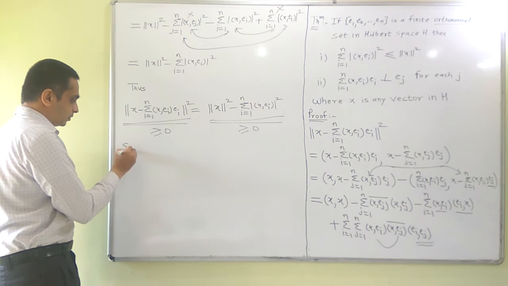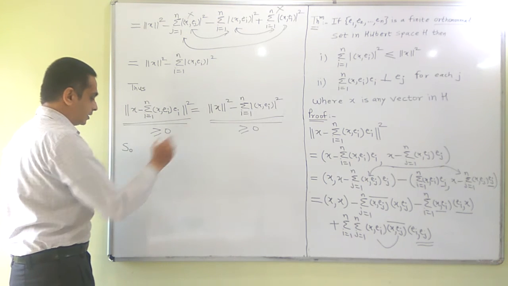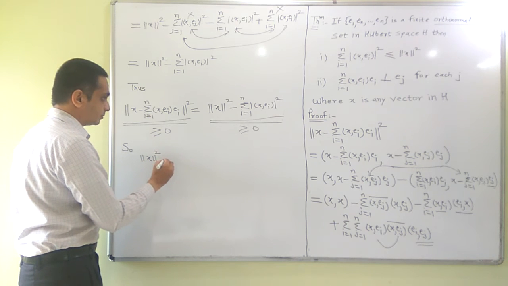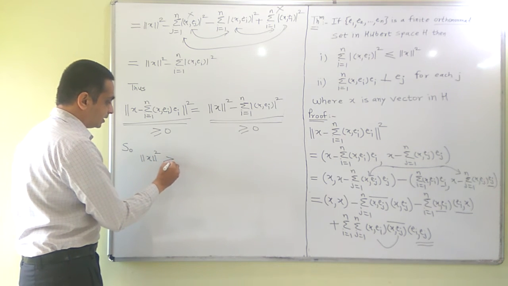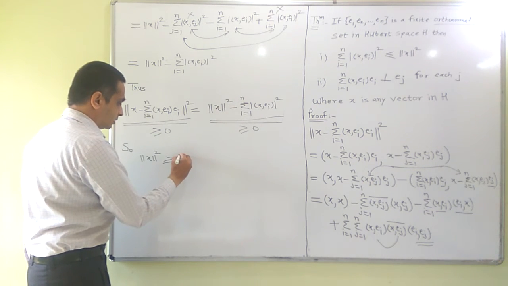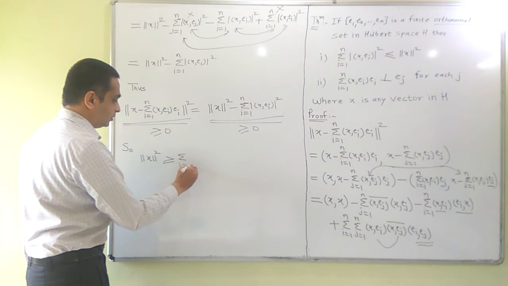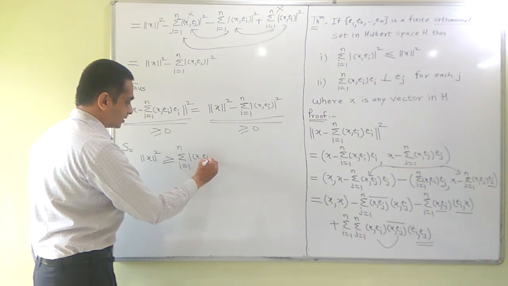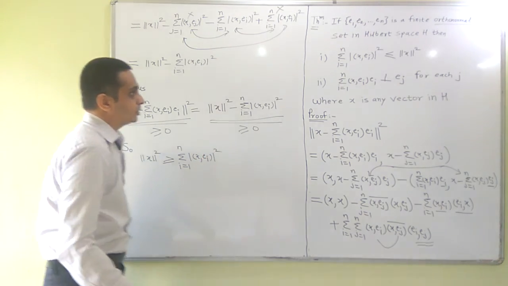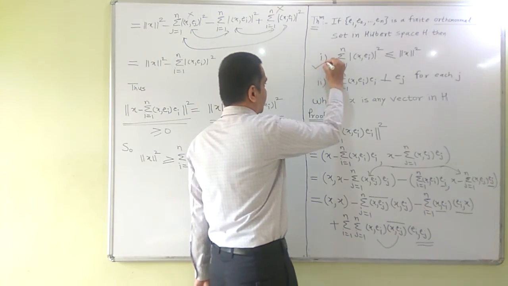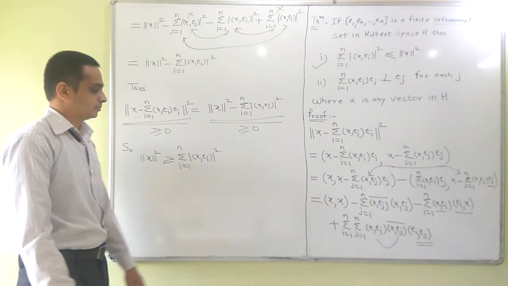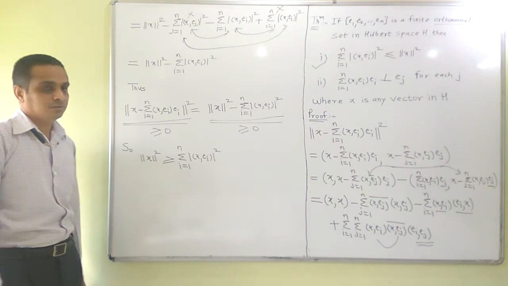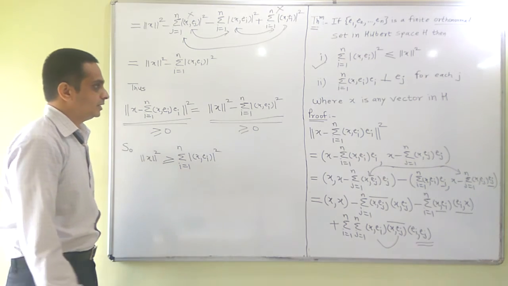So what we have is that norm of x squared is greater than or equal to the summation from i equals 1 to n of mod of x, e_i squared, and this is what we wanted to prove. So we are done with the first. Okay, this completes the proof of the first inequality.